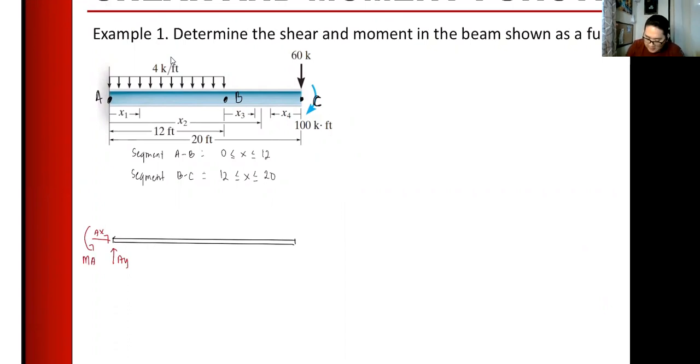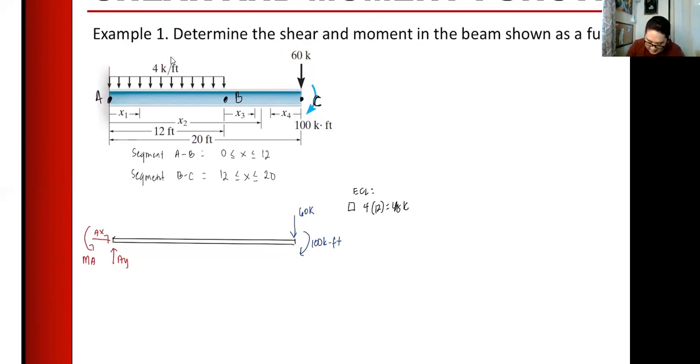And then, applied loadings natin, wala na tayong ibang reaction, no? So, meron tayong applied loading na 60 kips dito. Then, we have a moment na 100 kip foot. Then, meron tayong rectangular. So, kailangan natin ng ECL. So, ECL natin will be 4 kips times yung 12 na length niya. So, 48 kips.